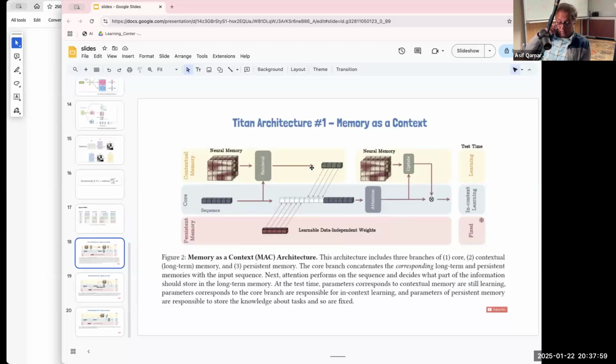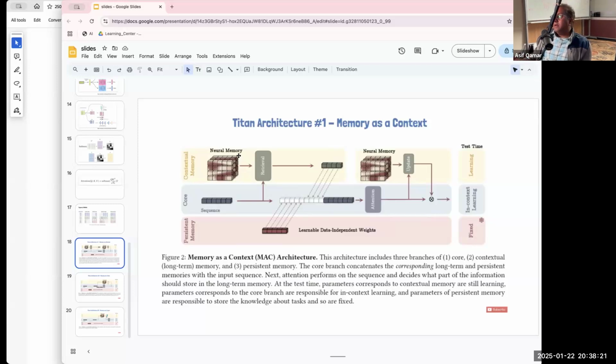Initially, the memory is clean. Nothing is there in the neural memory. What you feed in can be the H vector for each of the tokens, which gives more context, or you can take the whole attention, which is a summary of everything in the whole paragraph.